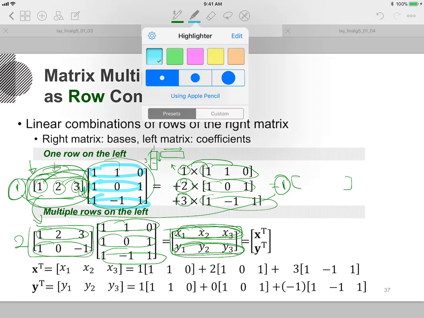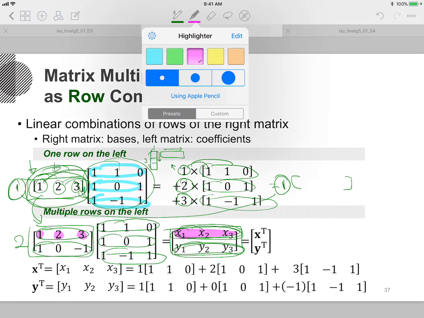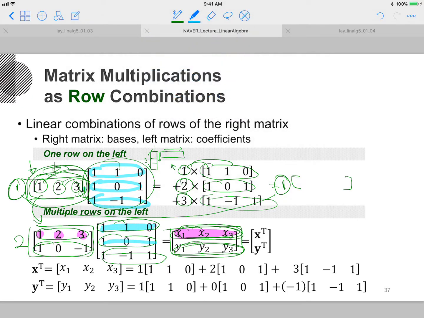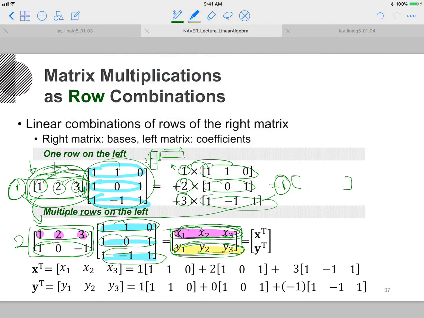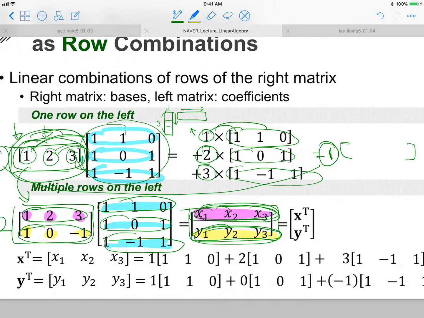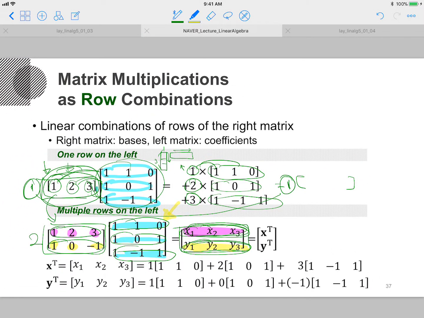So when forming this row, it will use these 3 numbers as linear combination coefficients for these 3 vectors. Then for the second row, it will use these 3 as linear combination coefficients of the same 3 row vectors given on the right matrix.